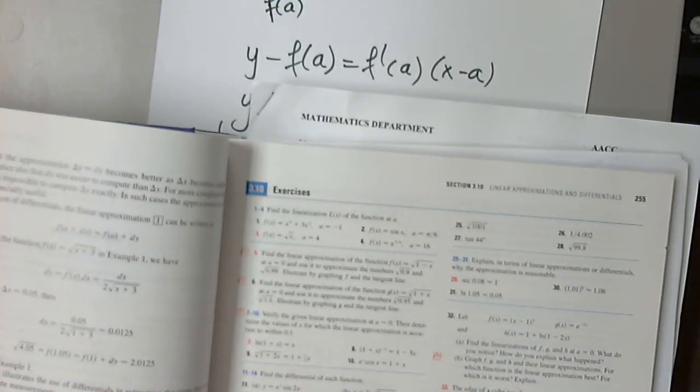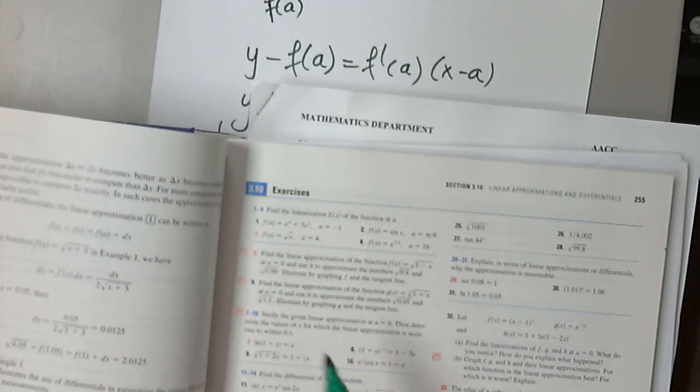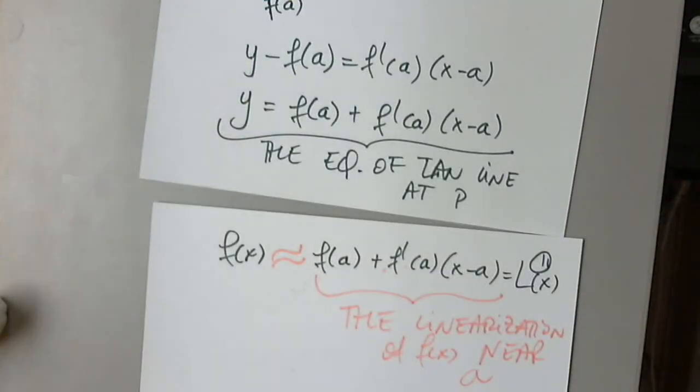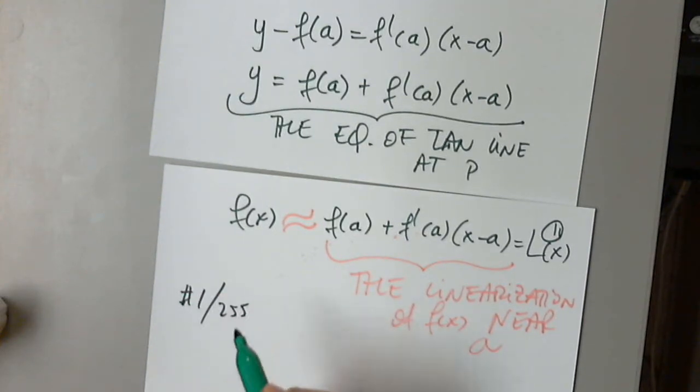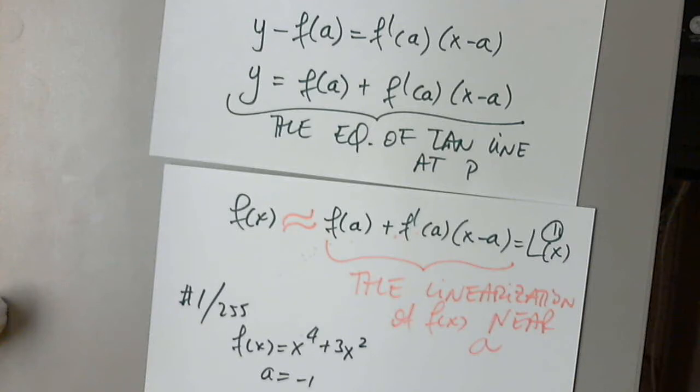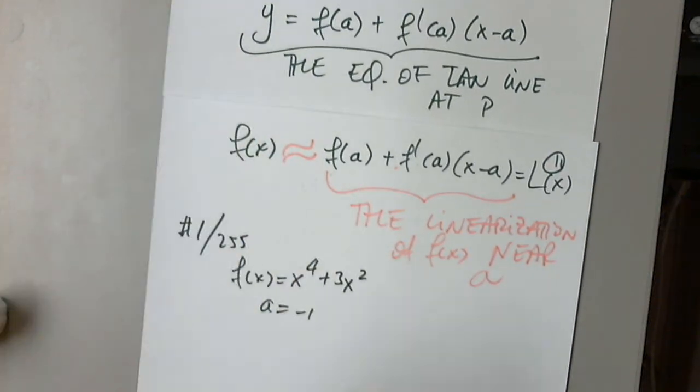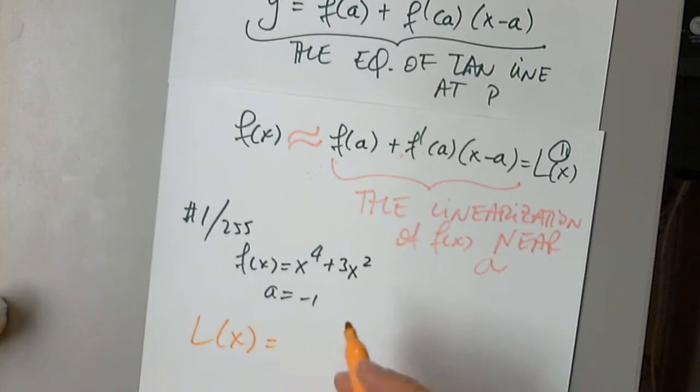Number one, very good. So this is 1 on 255. So f of x equals x to the fourth plus 3x squared when a equals negative 1. Let's see again what this means. After we calculate it, we'll talk about it again. So all I have to do is write this.